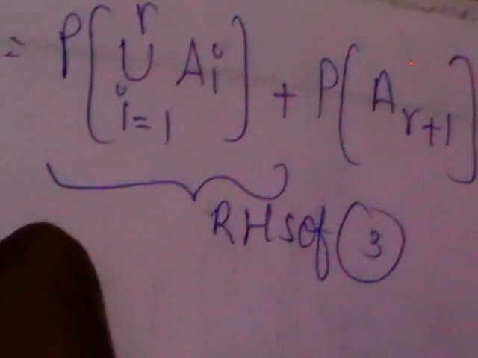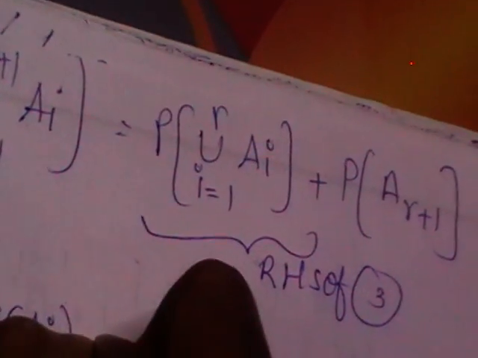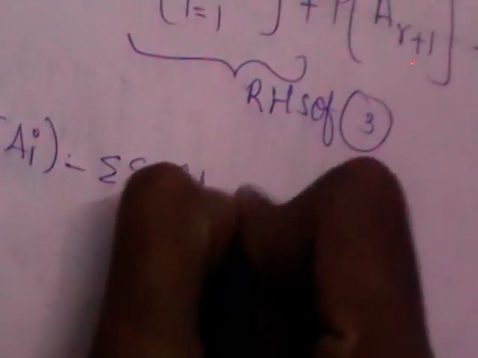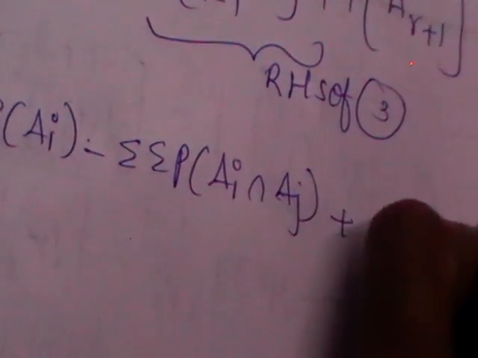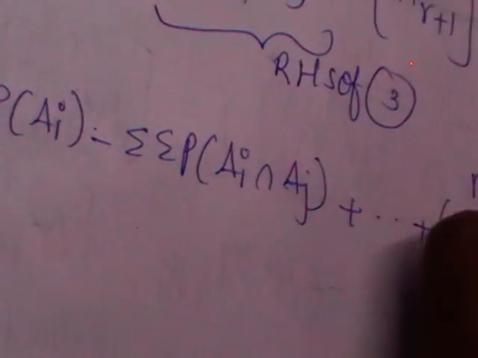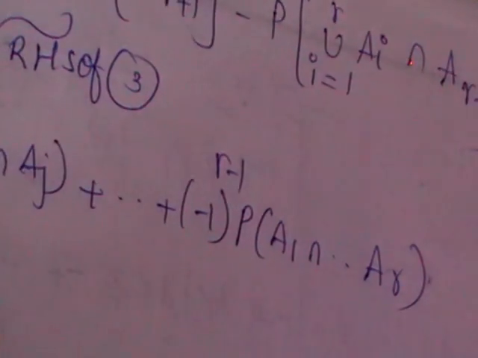What is the RHS of equation number 3? Sigma i equals 1 to r of P of Ai, minus the double summation of P of Ai intersection Aj, plus and so on, minus 1 whole power r minus 1 times P of A1 intersection and so on up to Ar.